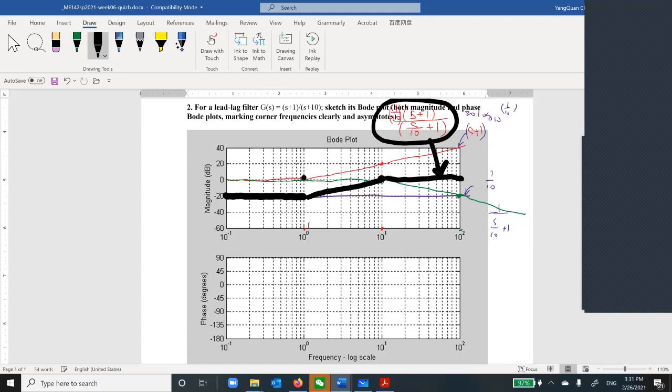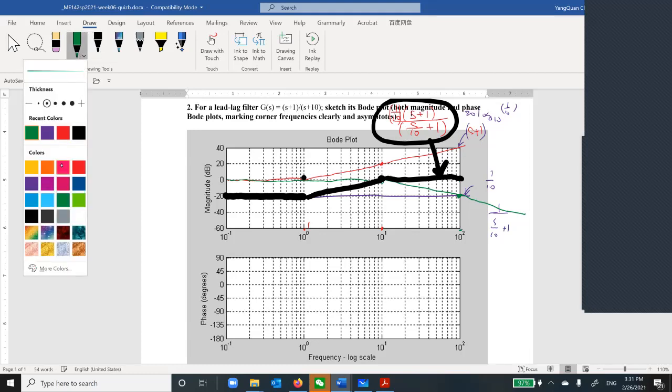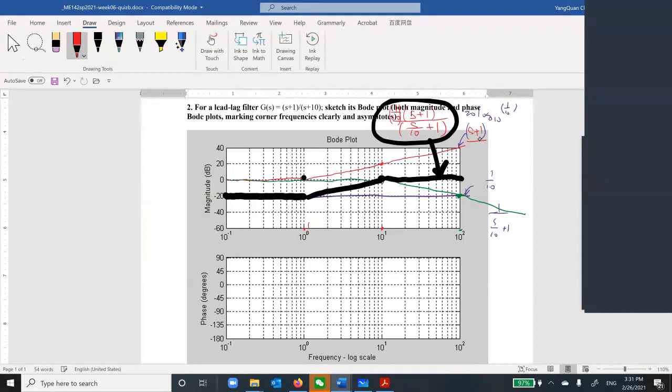Now, let's do another one for the phase. So let me do the same idea here. So for this S plus 1, what is the breakpoint? 1. Okay, so 1.